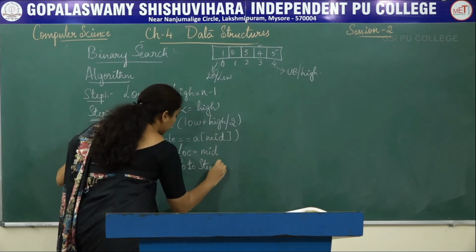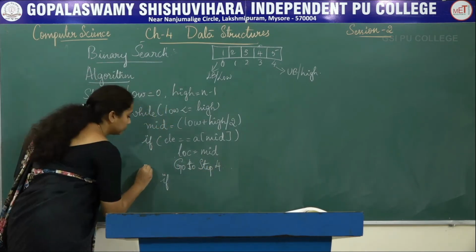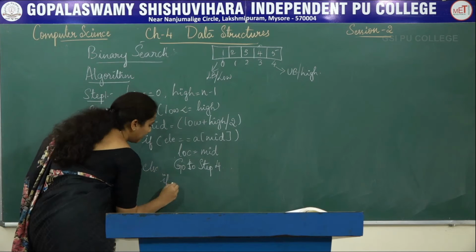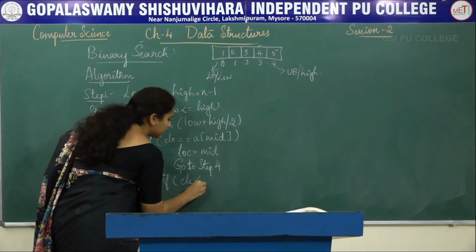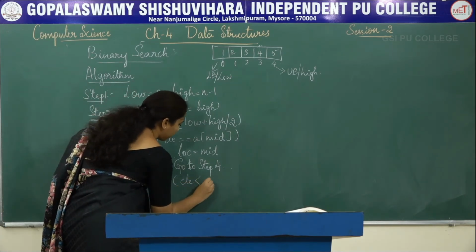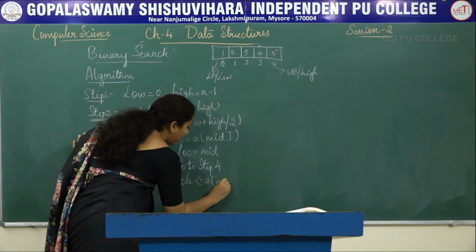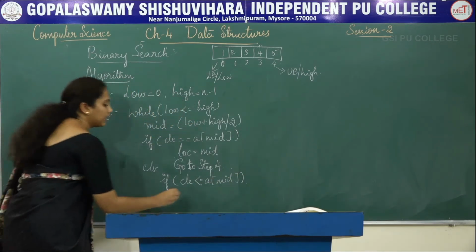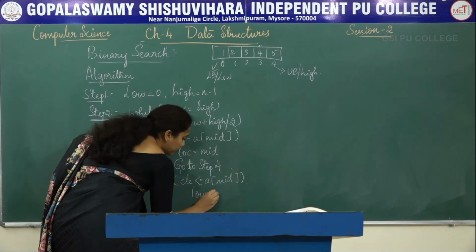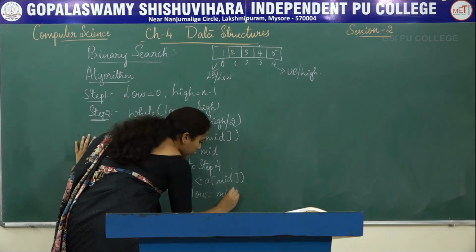Go to step 4. Else, if element is less than or equal to A of mid, then low is equal to mid minus 1.